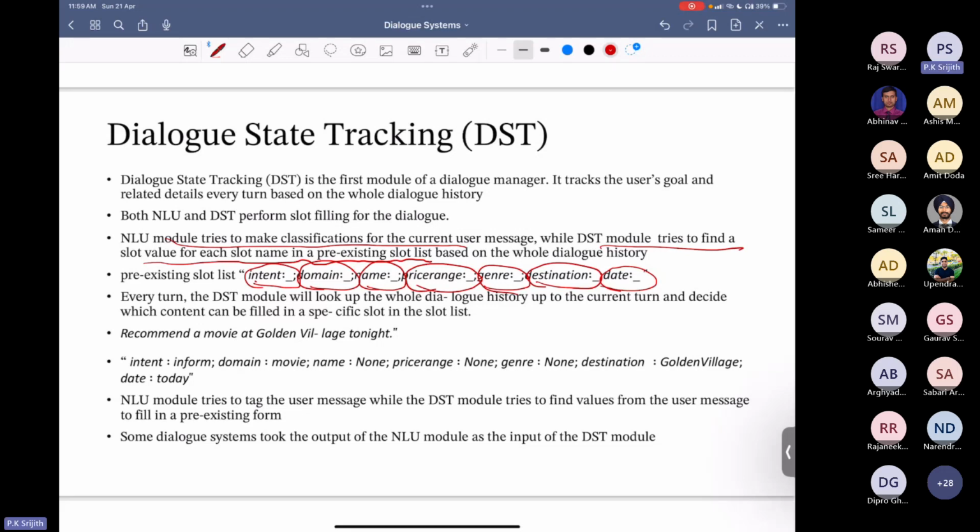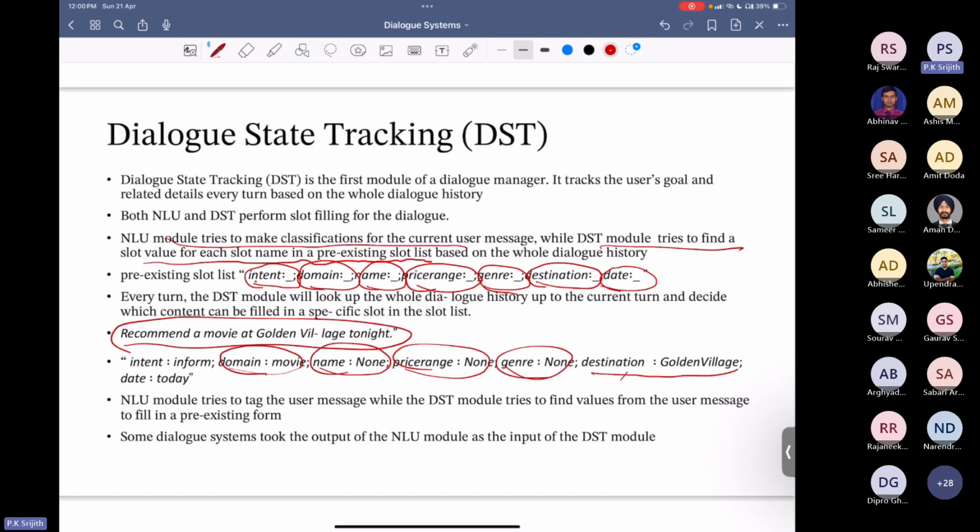So when it encounters some user input like this, recommend a movie at Golden Village tonight, on the basis of that it will fill some of the slots. It fills the domain slot as movie. The name, he didn't provide any name, so name is none. Price range is not provided, so it remains none. Genre is not provided, so none.